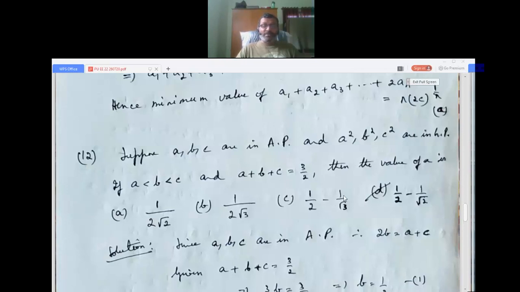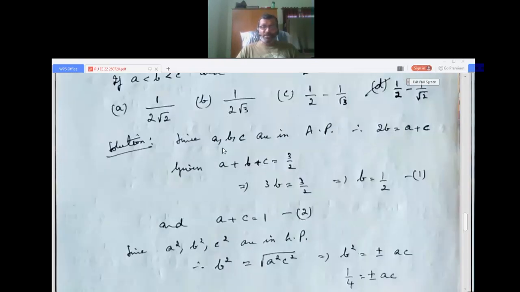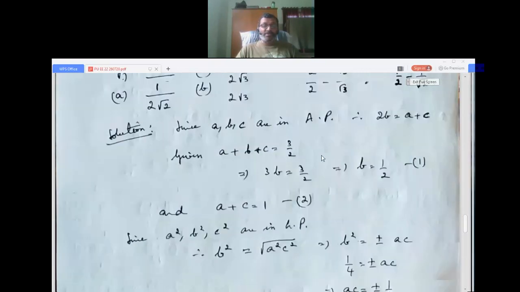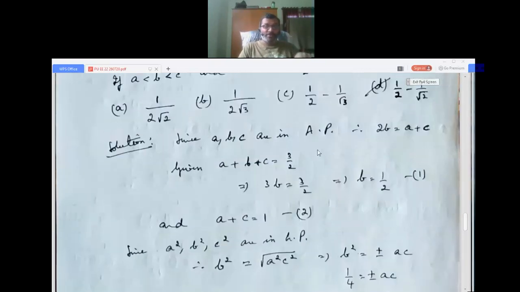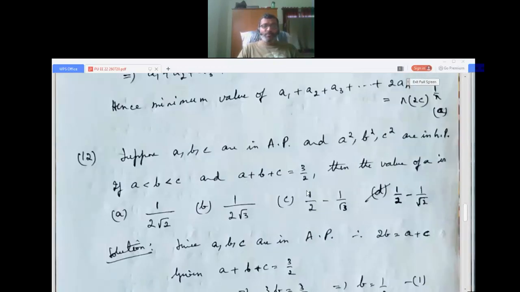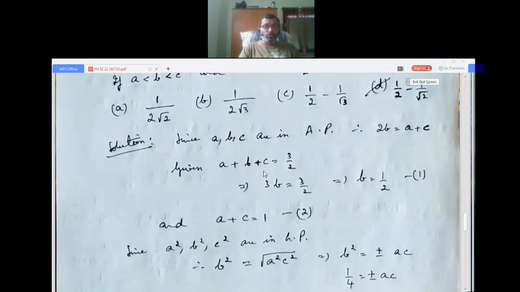Since a, b, c are in AP, we can say b is the arithmetic mean of a and c, so b equals (a plus c) by 2, so 2b equals a plus c. It is also given a plus b plus c equals 3 by 2. So a plus c is 2b, and 2b plus b is 3b equals 3 by 2, so b is 1 by 2.